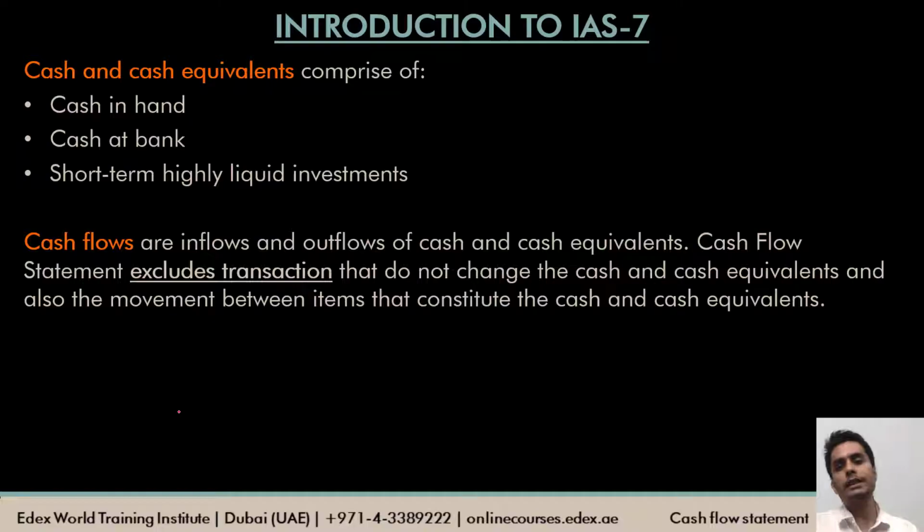So I can clearly say that the statement of cash flows will exclude all transactions that are of non-cash nature, that are not happening in cash, and also exclude all transactions that are only causing a change within the cash and cash equivalents. One of the components of cash equivalents is increasing and the other is decreasing. So these two sets of transactions will be excluded from our statement of cash flows.